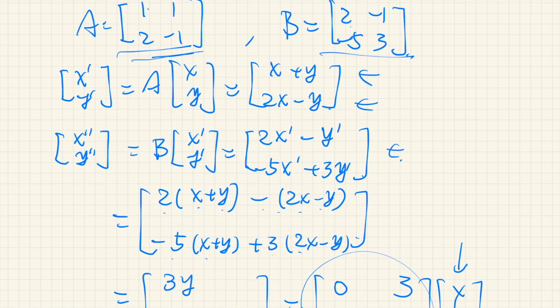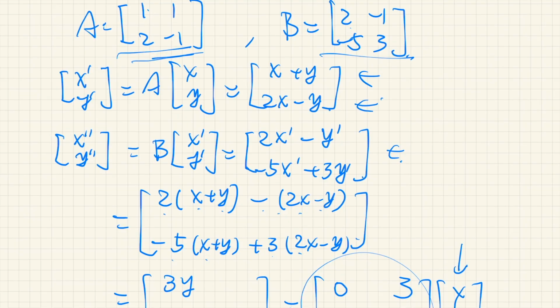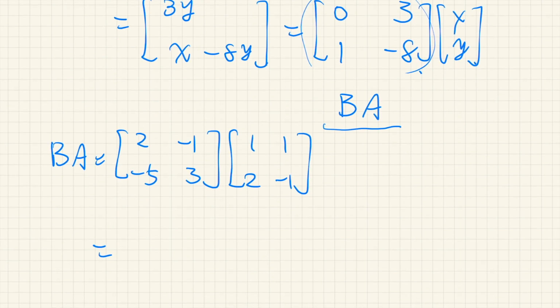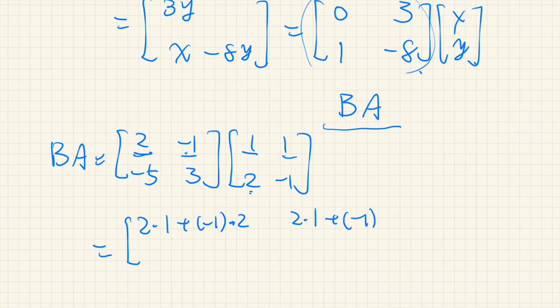If we trace what we did here and here and here, this is like this: 2 times 1 plus -1 times this 2, and 2 times 1 plus -1 times -1, and -5 times 1.